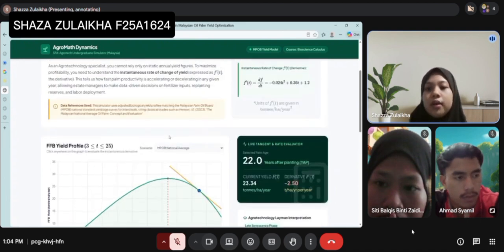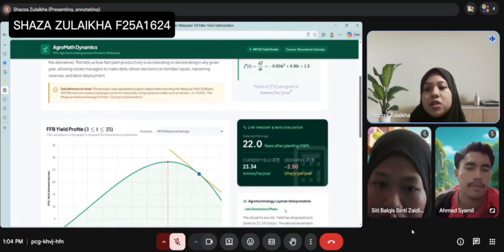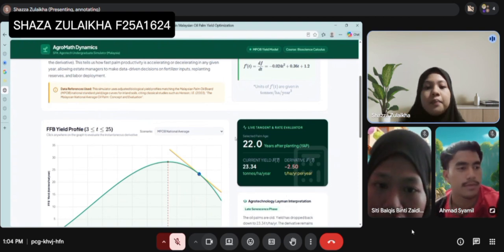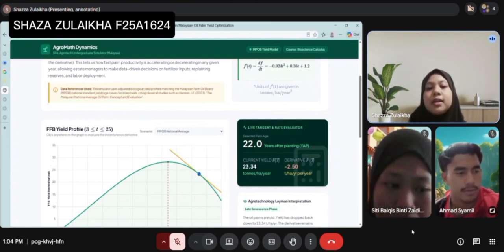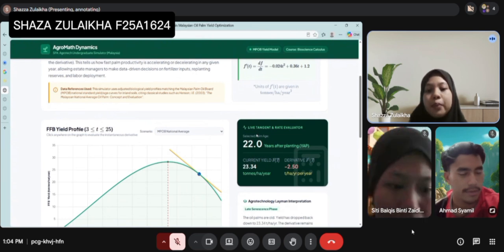Okay, next, this is the yield and rate evaluator. The function here is an interactive feature that calculates the current yield and derivative value at a selected palm age.